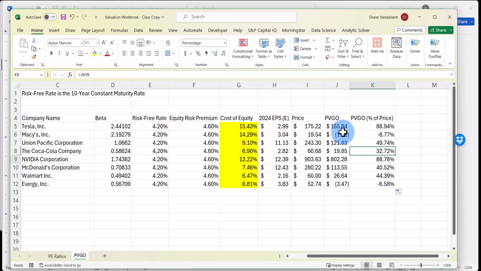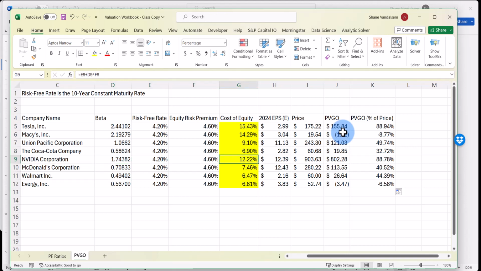If we take a look at the other one that's fairly high here, NVIDIA. NVIDIA at this time has recently come out with forecasts that show a high demand for the chips that they make and that are used in AI applications.